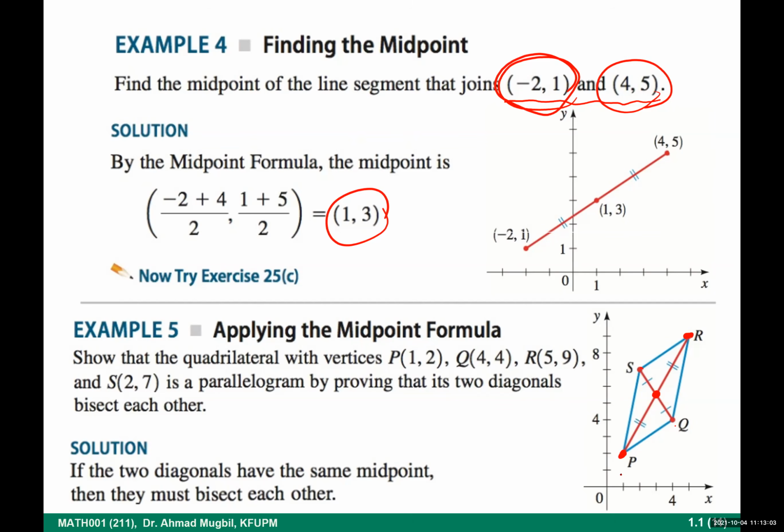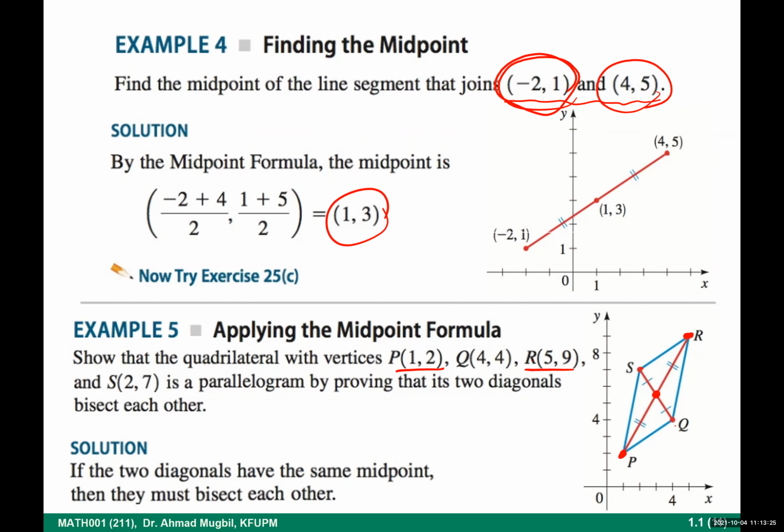So the idea of solving: first of all, sketch, or let's say plot the points. The second step is to find the midpoint between the vertices that are at the ends of the diagonal. So we will find the midpoint of P and R. What is it between P and R?